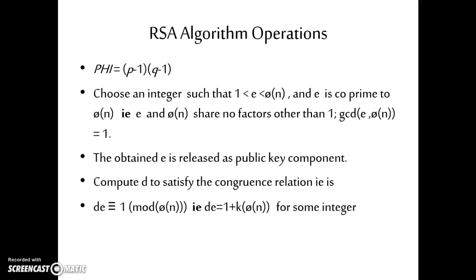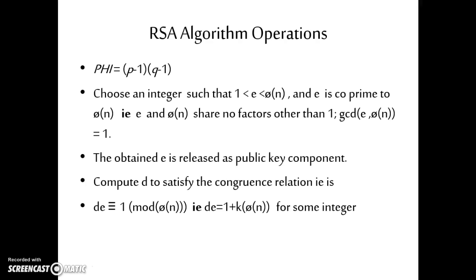That is, it must be a coprime to phi of n. That is, it must not have greatest common divisor other than 1 with the phi of n. Now the obtained E, that is the public key, is released to every component.